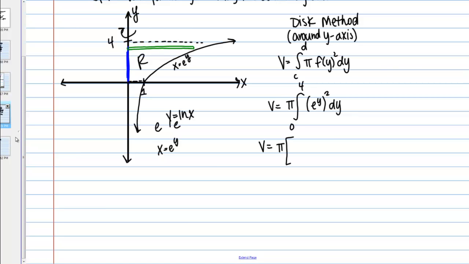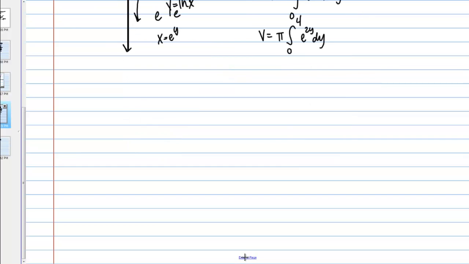First, let's rewrite this slightly as the integral of e to the 2y dy. So if I go ahead and find my antiderivative, the antiderivative of e to the 2y is 1/2 e to the 2y, and I'm evaluating this between 0 and 4.